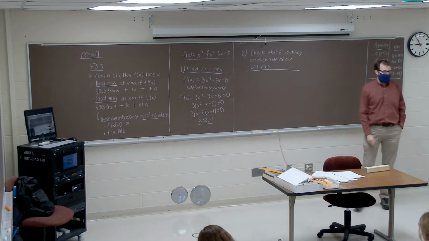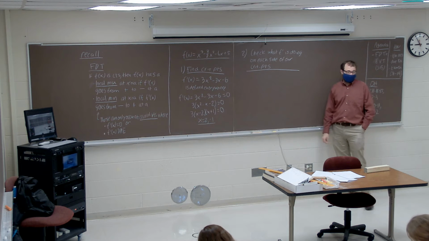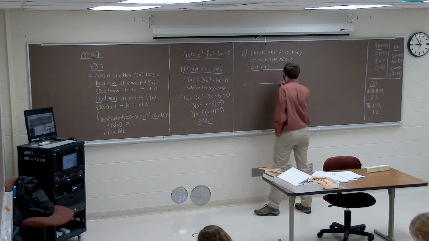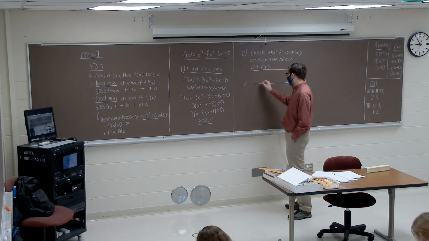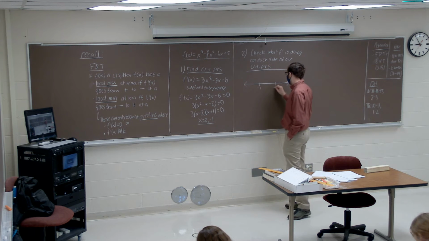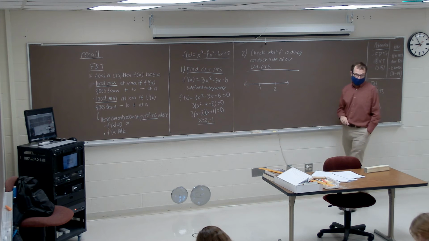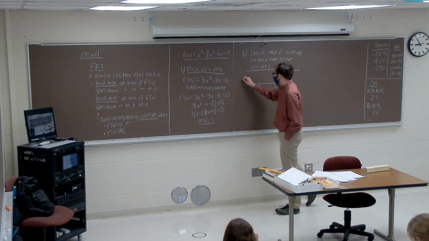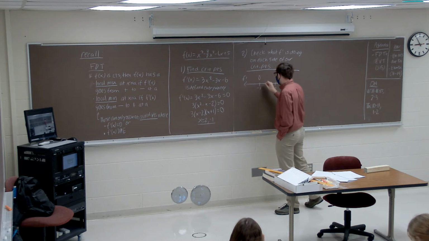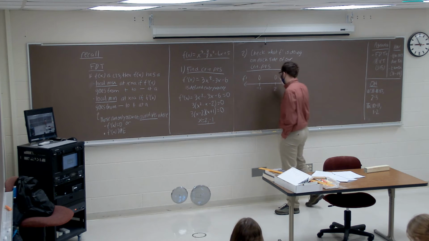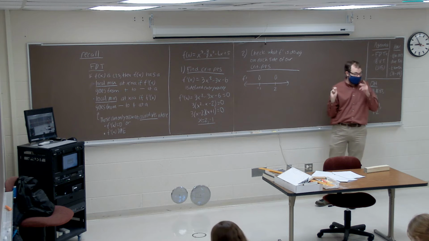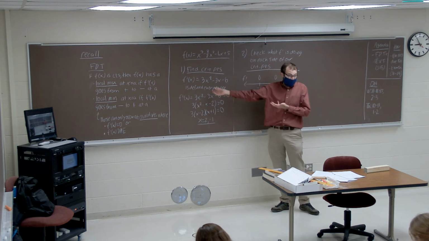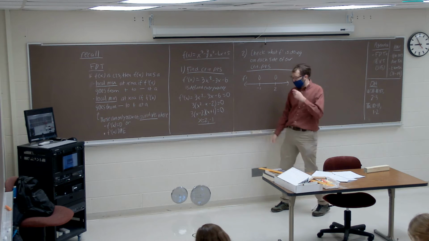And what that means, in terms of what I like to do, is I like to draw out a little number line and put the critical points that we have on our number line. And then what we can actually do with this little number line here is we know at negative 1 and at 2, f prime is going to be equal to 0. That's what we just found in step 1 here.